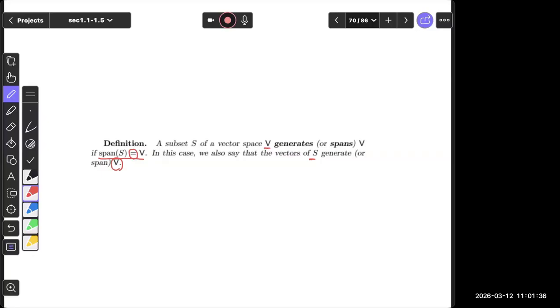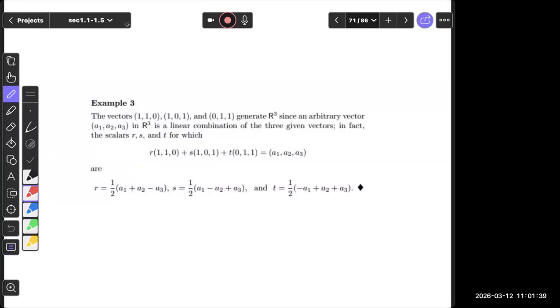I have some examples here. You can prove, as I said, that the span of 1 0 0, 0 1 0, 0 0 1, which we commonly call e1, e2, e3, is R3 space. So we say e1, e2, e3 generates R3 space, or e1, e2, e3 spans R3 space.